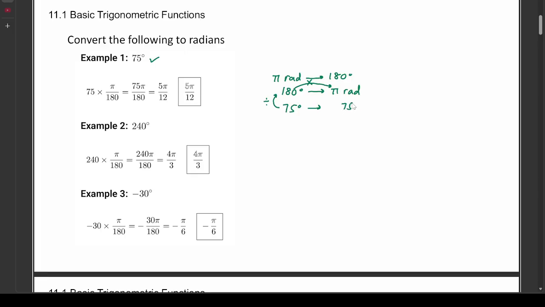So you get 75 divided by 180 times pi, which simplifies to 5 pi over 12. You see? So this conversion is very important. Pi radian is 180.